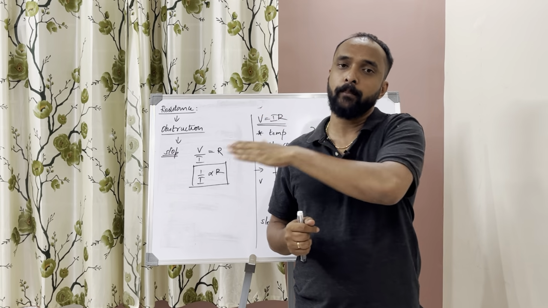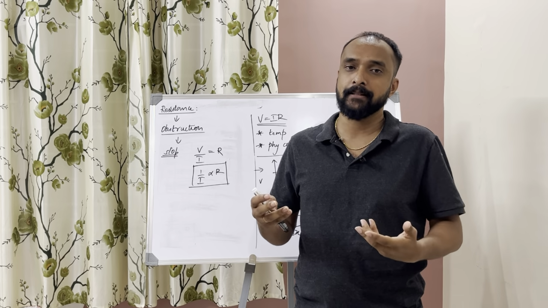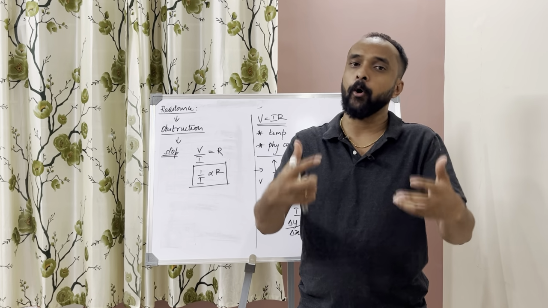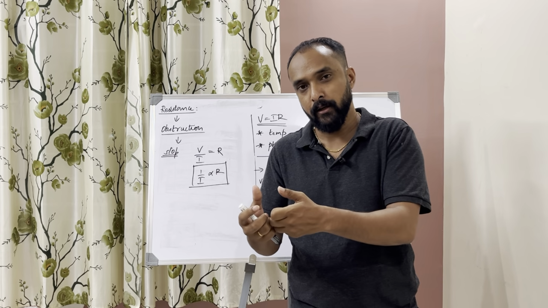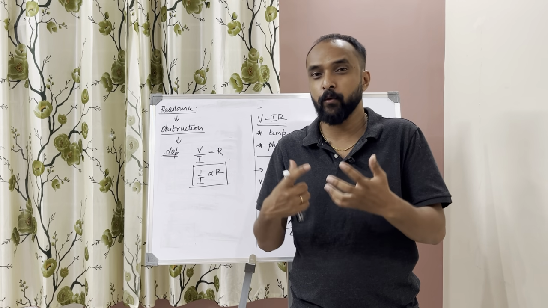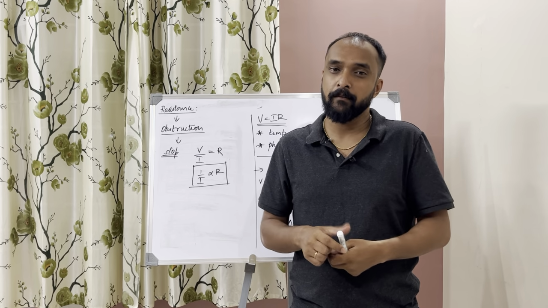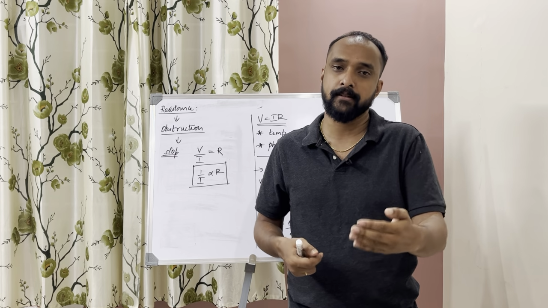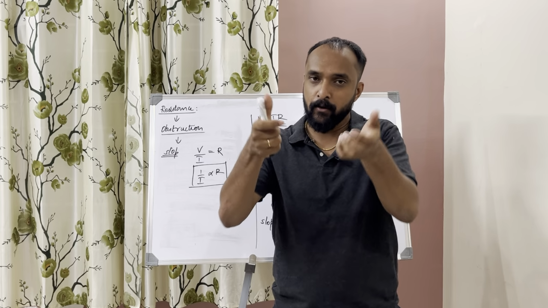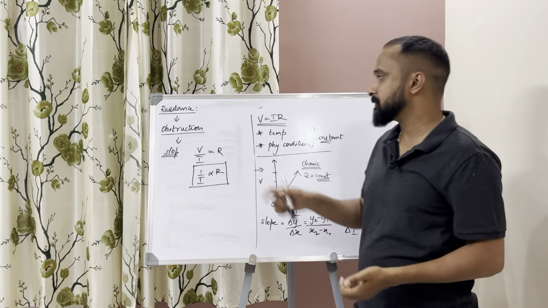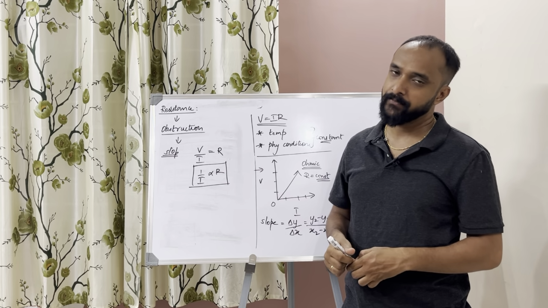When you're going from one point to another point, it won't be an easy task. You'll have a lot of blockage where you'll be repelled by another electron or attracted by another proton. A lot of collisions will be there, forces will be acting on you, because of which you will feel a lot of hindrance. This hindrance that you feel when you go from one point to another because of other factors is called resistance. Clear?